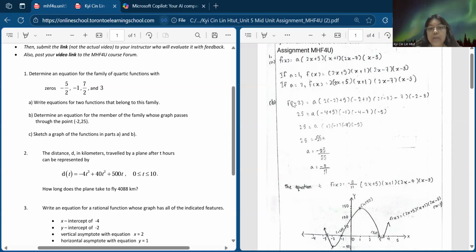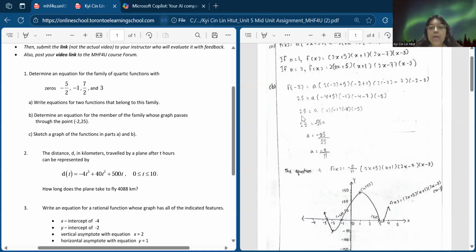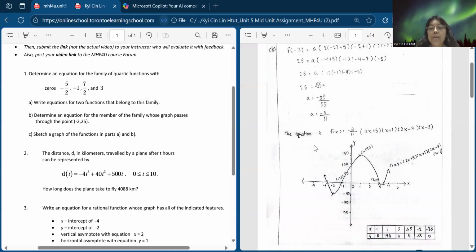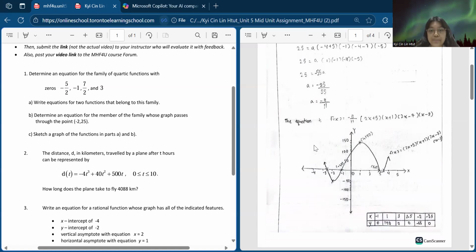I substituted -2 for x and equated it with 25. From here, I did the step-by-step calculations, and here we get the value for a, which is -5/11.